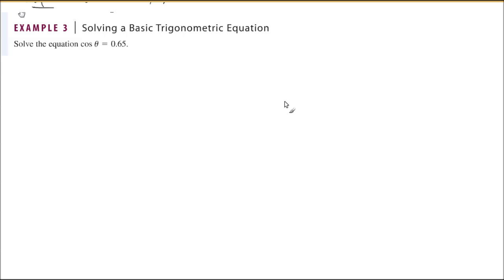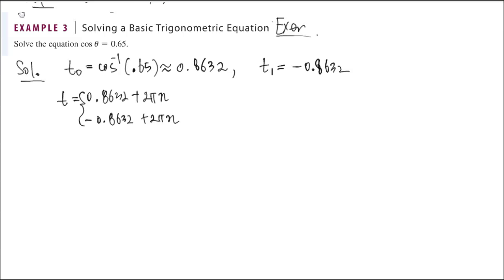Try to remember the principle. See if you can derive the formula that I introduced. I hope this makes sense. And pay attention to the t1, and remember, when this is a tangent equation, there's no t1. Only one particular solution you get from the calculator, and then just shift by pi. Any question about this one? Fair enough?